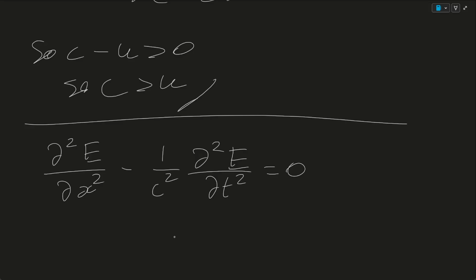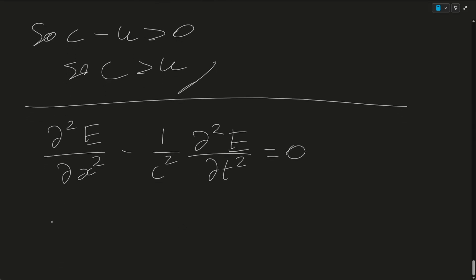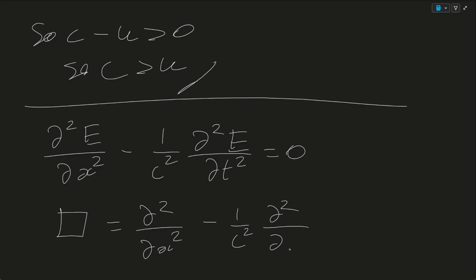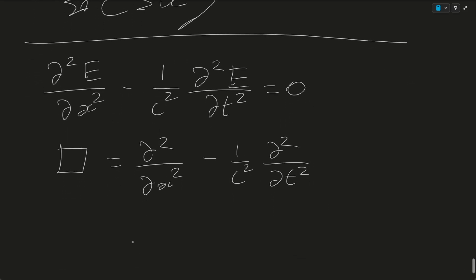That means if we have some operator, and I'm going to struggle to draw squares, but we'll deal with it. What's the best way? I think that's the best way. Okay, this operator is the second derivative in x minus 1 over c squared the second derivative in t, and this will then operate on some field or something.